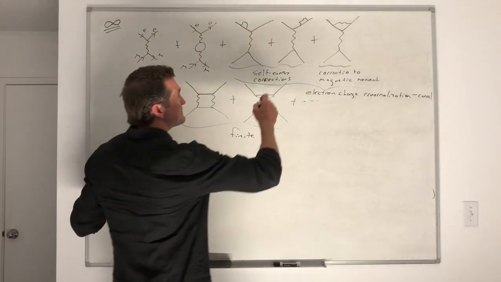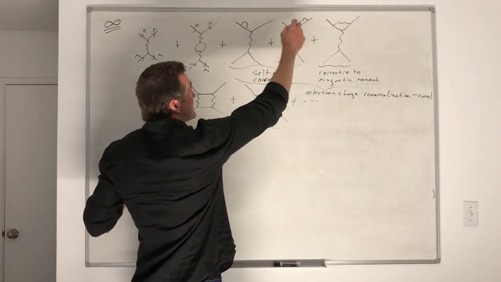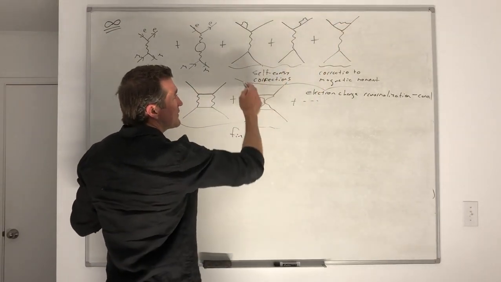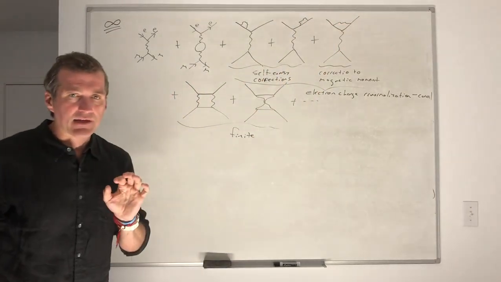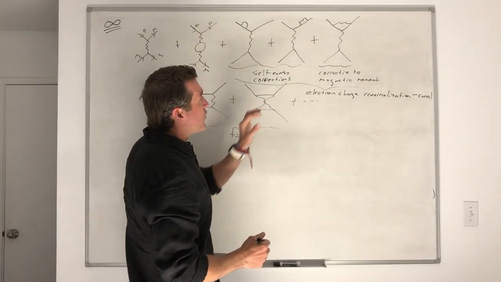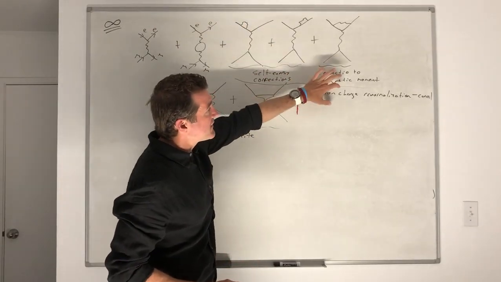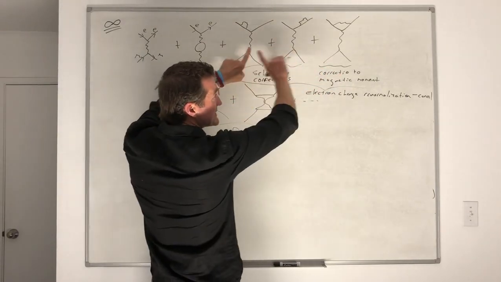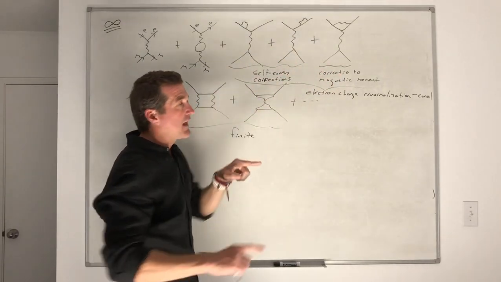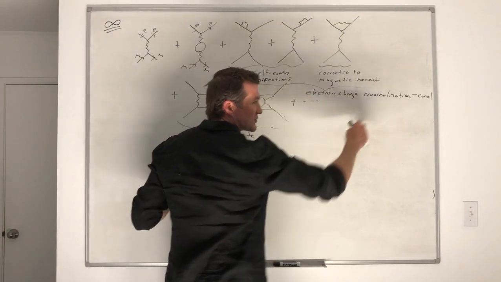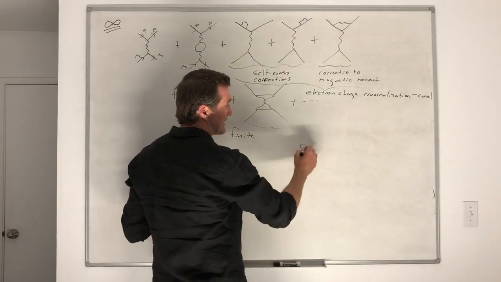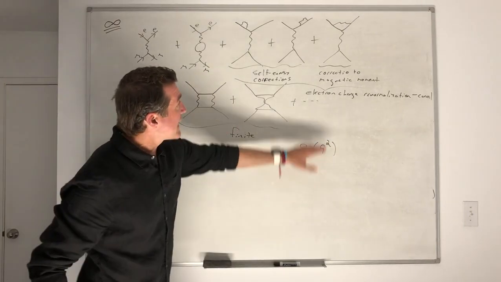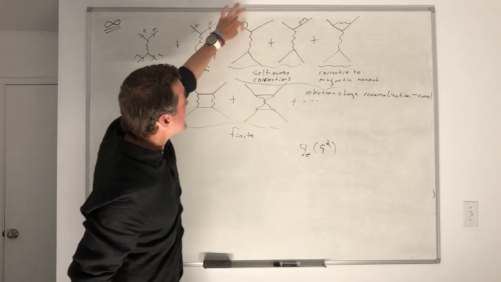And that is that these diagrams are contributing to the renormalization of the mass of the electron. They're also contributing to the electron charge renormalization, which means if these did not cancel, then the electron charge renormalization, that is, how does the electron charge vary with q squared, would actually depend on the mass of the electron.